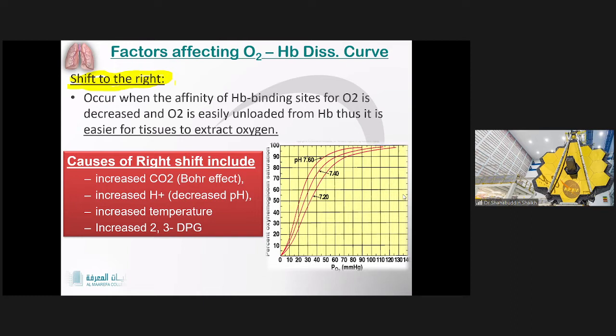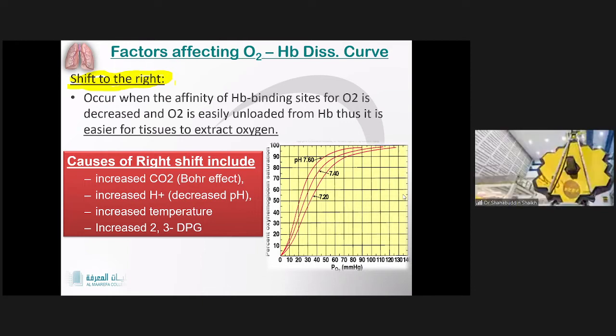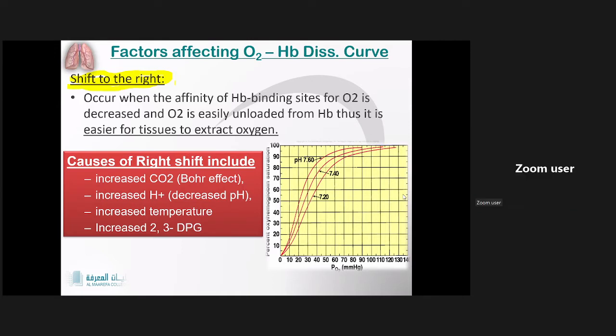All these have the same meaning and they occur when the hemoglobin oxygen dissociation curve shifts to right. This was very important, therefore we revised it many times. What is the meaning of curve shifting to right? Please remember this.